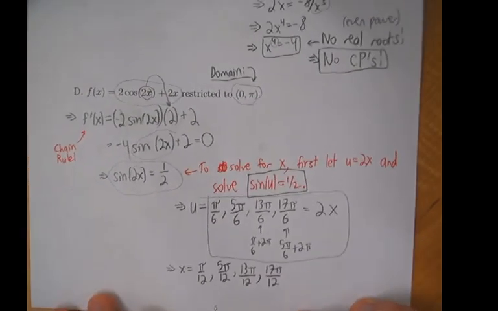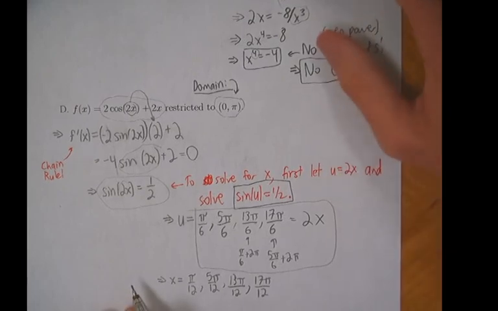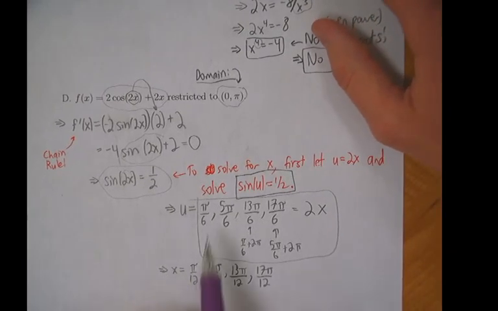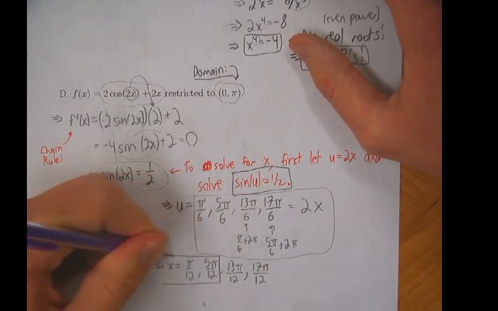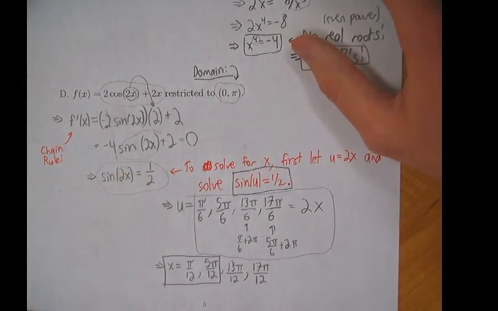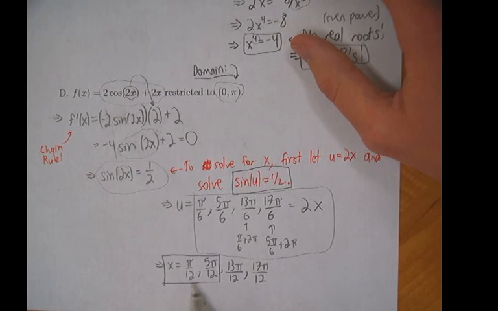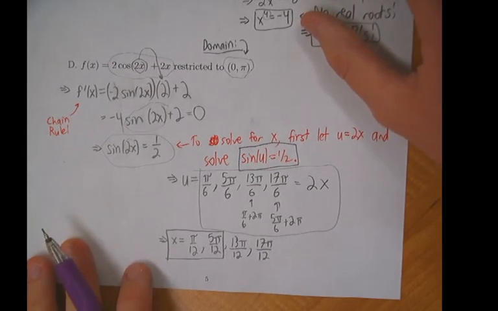So as a result, if you want to focus on the domain 0, pi, which of these 4 would be in that domain? The first two. Yeah, just the first 2, right? So that's your answer. That means that the desired critical points are just these 2. Okay?